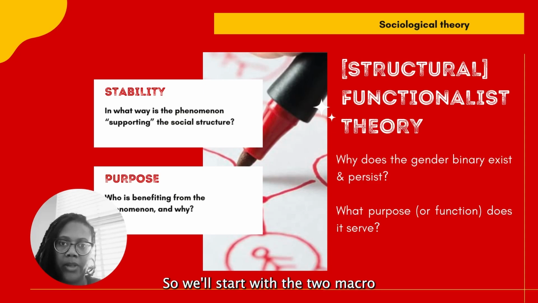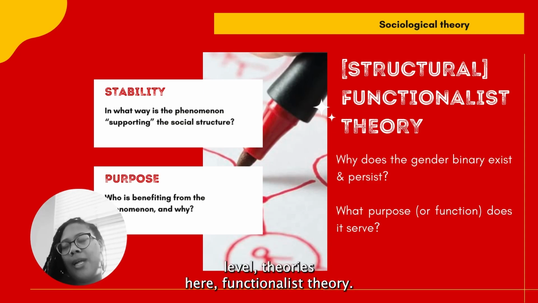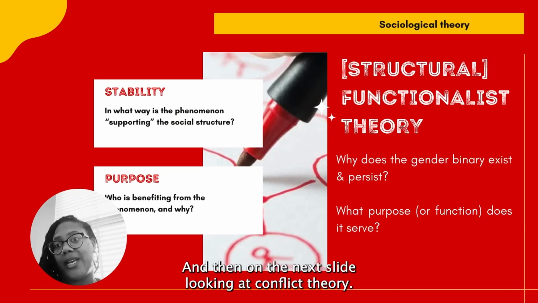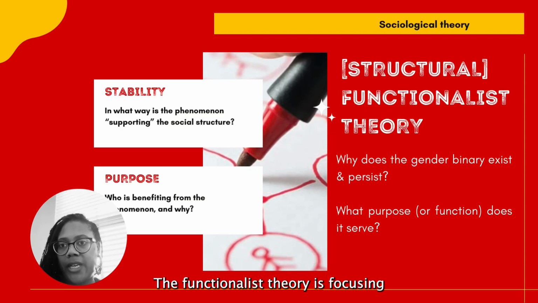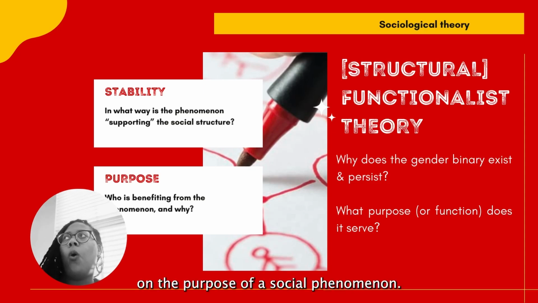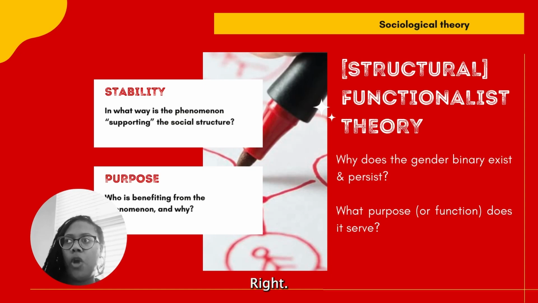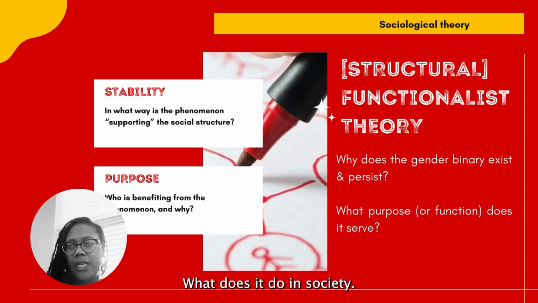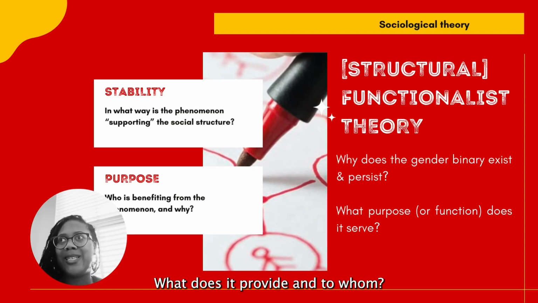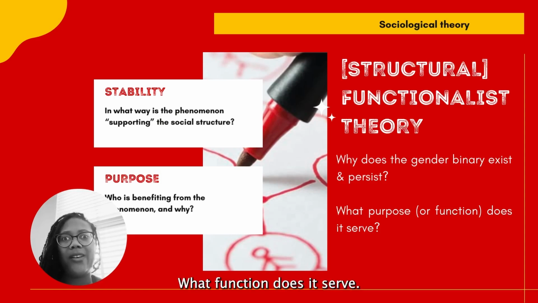So we'll start with the two macro level theories here, functionalist theory, and then on the next slide, conflict theory. The functionalist theory focuses on the purpose of a social phenomenon, right? What does it do in society? What does it provide? And to whom? What function does it serve?